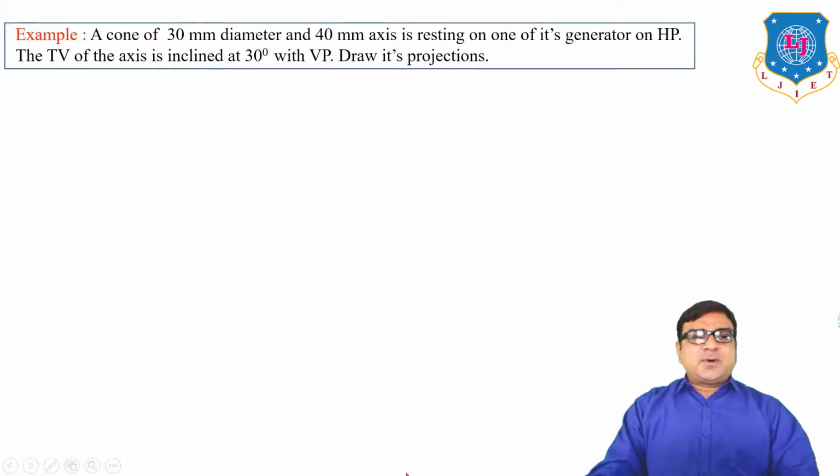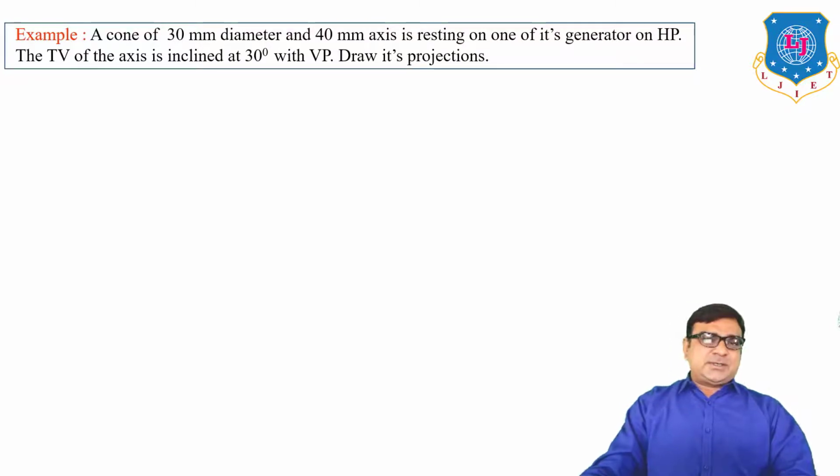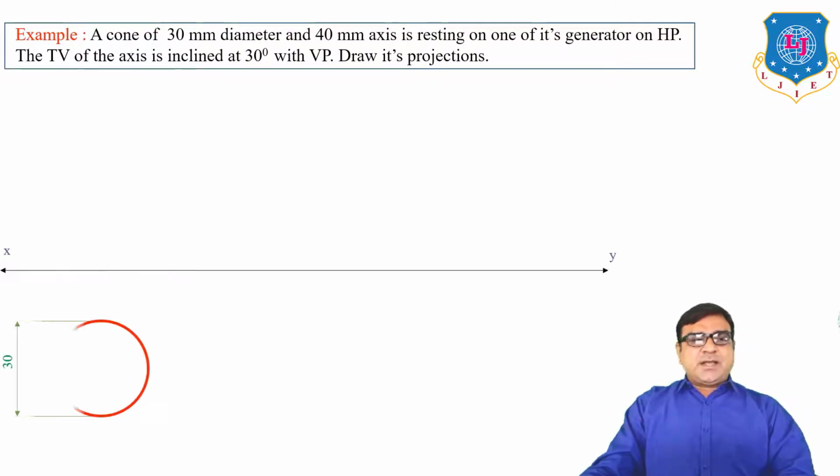Now one last problem regarding a solid cone. A cone of 30 mm diameter and 40 mm axis is resting on one of its generators on HP. The top view of the axis is inclined at 30 degree with VP. Draw its projections. So first of all, draw an XY line. Now the first position of the cone is resting on HP on its base.